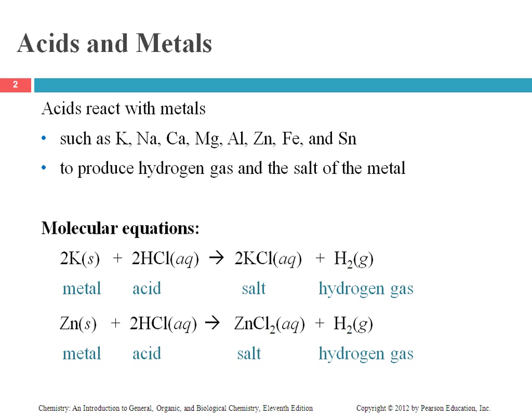Okay, so if we look here, we've got a balanced equation, so we can't forget how to balance equations. Okay, and so in order for us to balance our hydrogen, so we have hydrogen gas, we have two of these, so we have to have a 2 here. Okay, and so that's going to make us have to have 2 potassium as well as 2 potassium chloride salts that are produced.